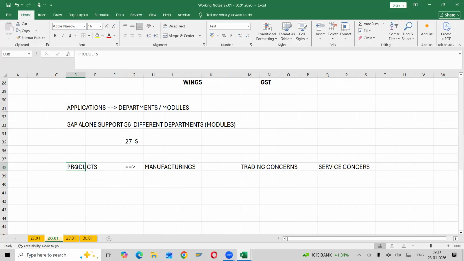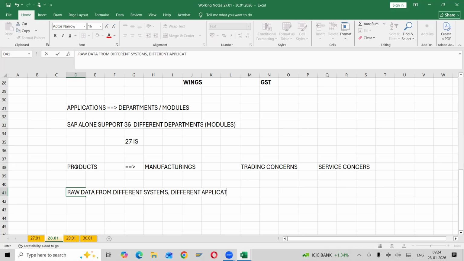It will give support in data processing. What do you mean by data processing? It will take raw data from different systems, different applications, and from different products.